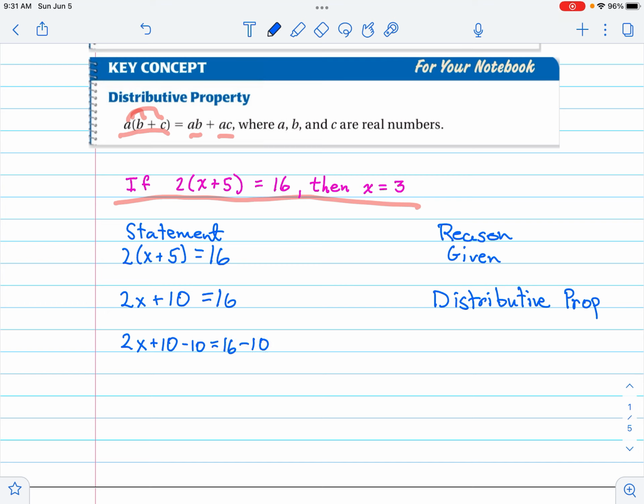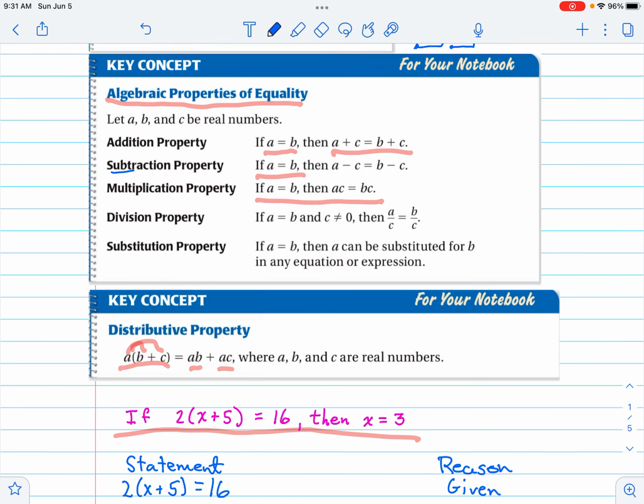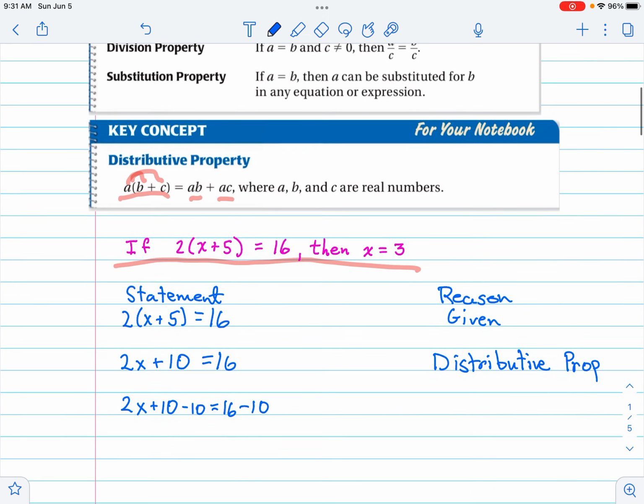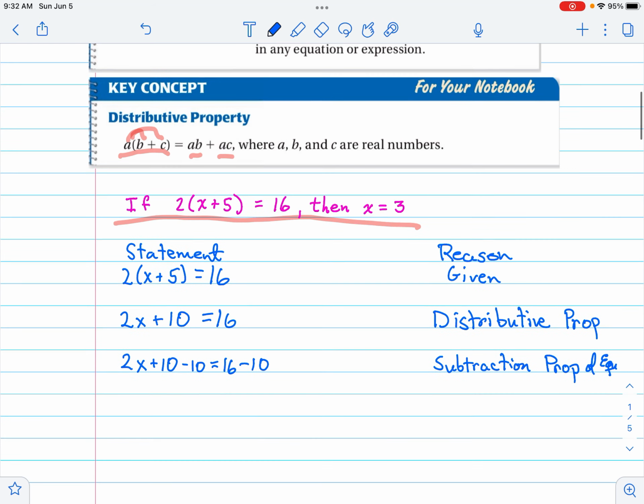In other words, we subtracted 10 from both sides, and that is the subtraction property of equality.